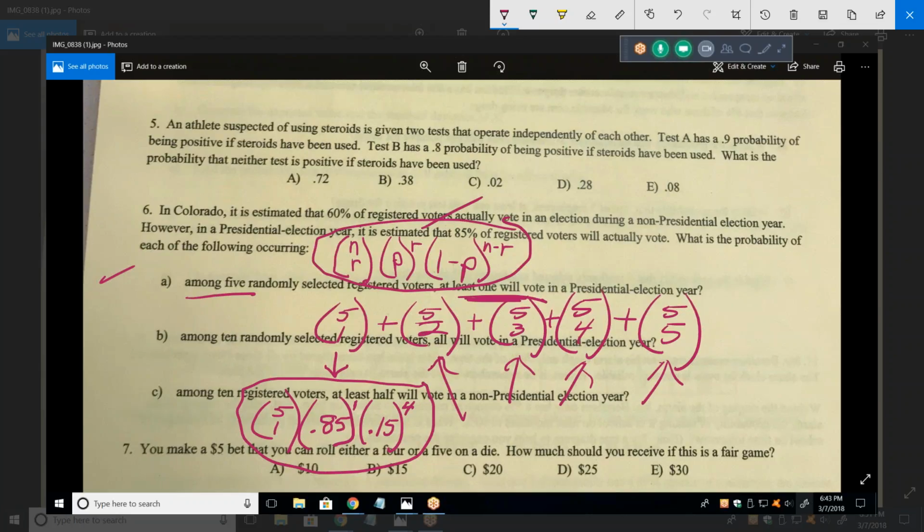Let me think for a second. If we figured out the probability that nobody votes, that is the counter, in other words, 1 minus this probability would have to represent everything else.